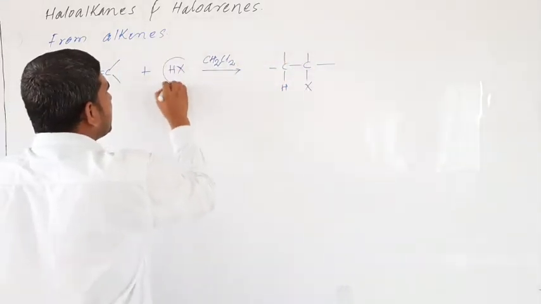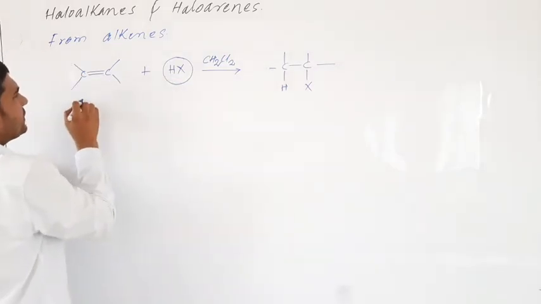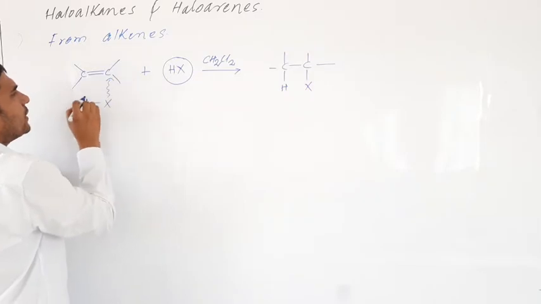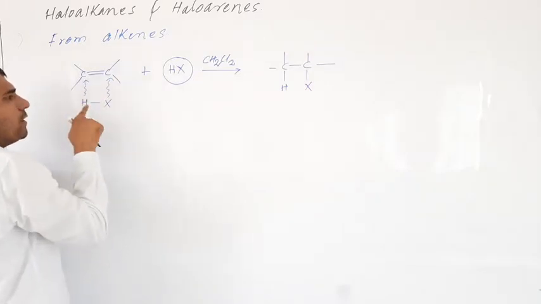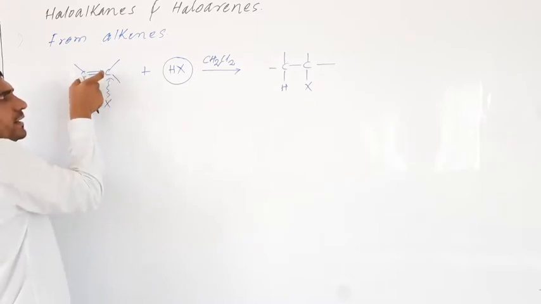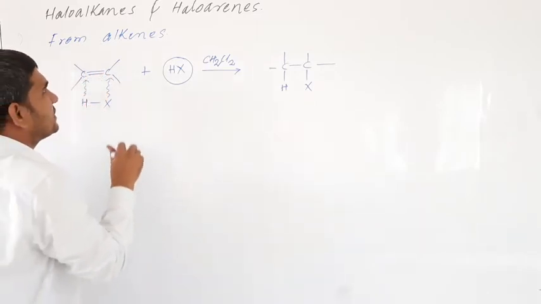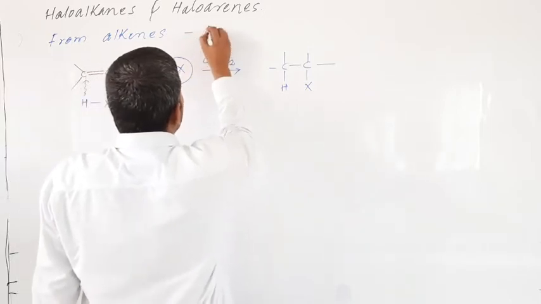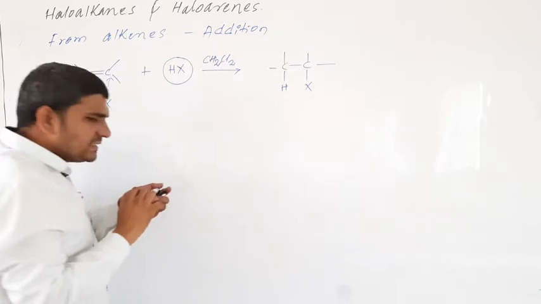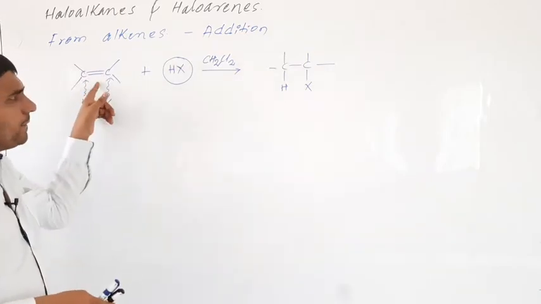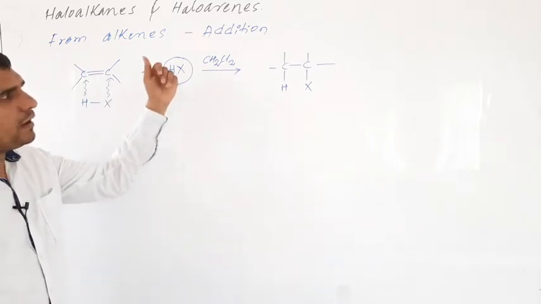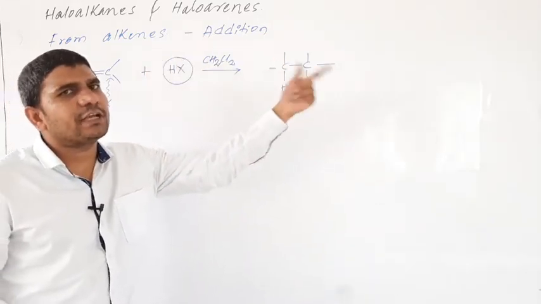But over here there is an addition of HX across the double bond. Please listen carefully. During addition reactions, what happens actually? If it is a triple bond, on addition it is converted into a double bond, and on further addition it is converted into a single bond.